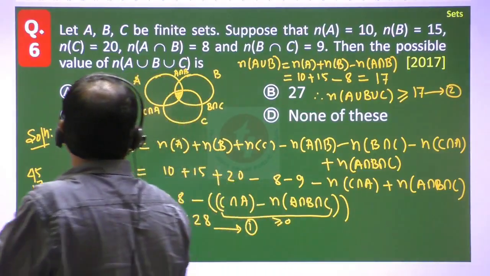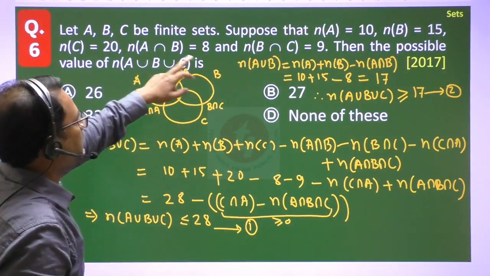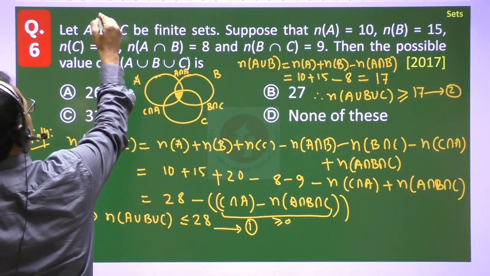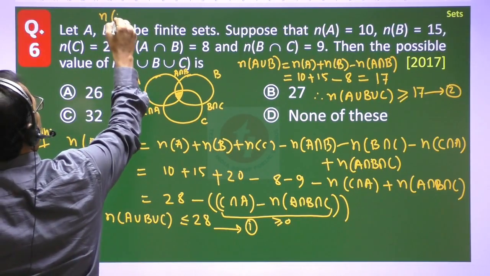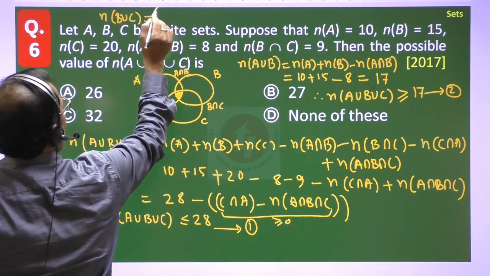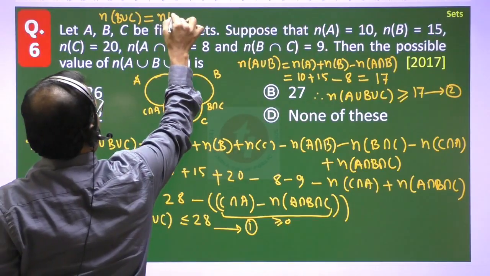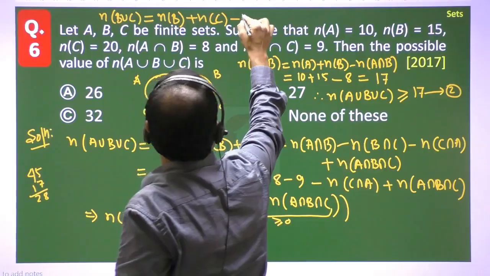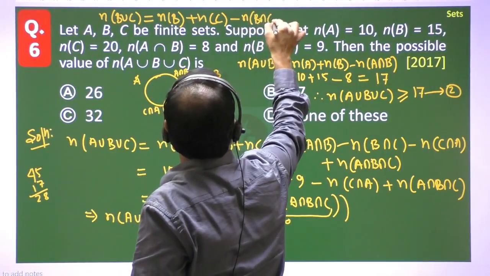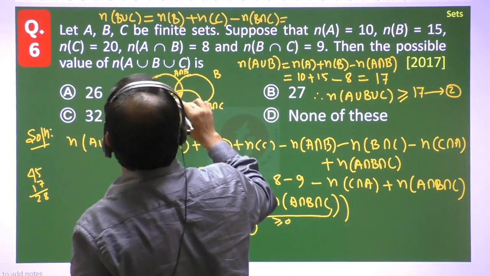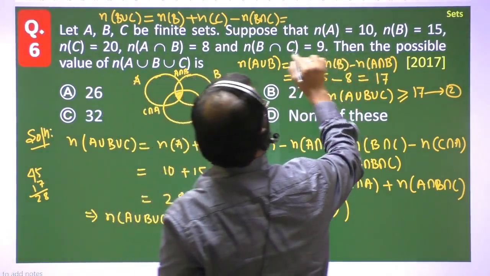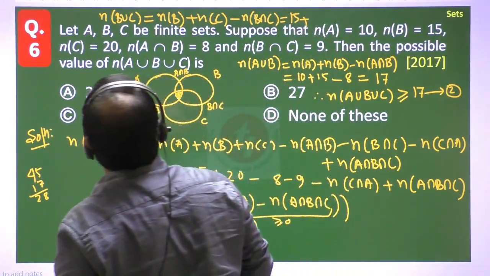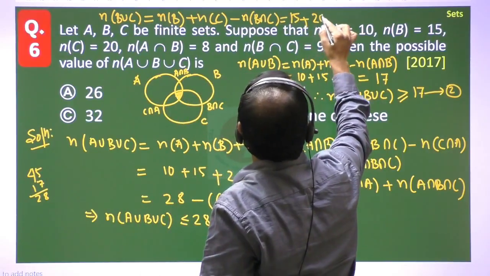Next observation, you can also notice that B intersection C is given. So now for n of B union C, if we apply, we have n of B plus n of C minus n of B intersection C. The number of elements in B is 15, in C is 20, so it is 35.